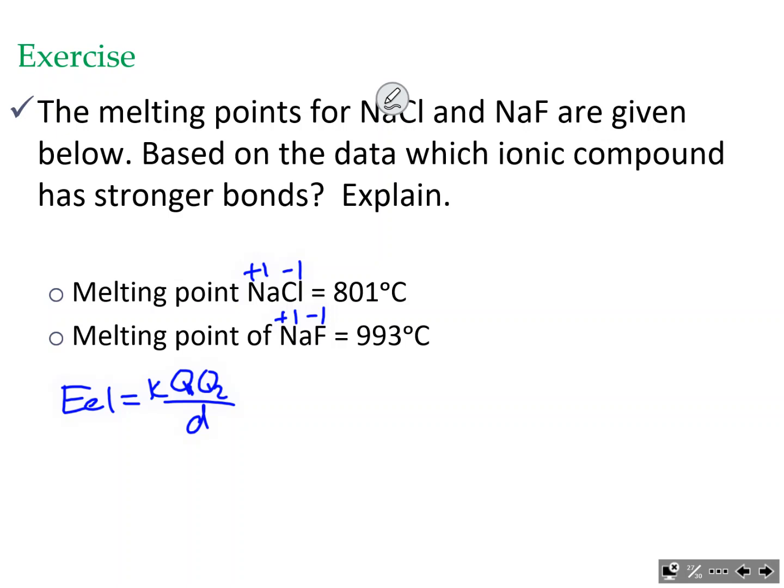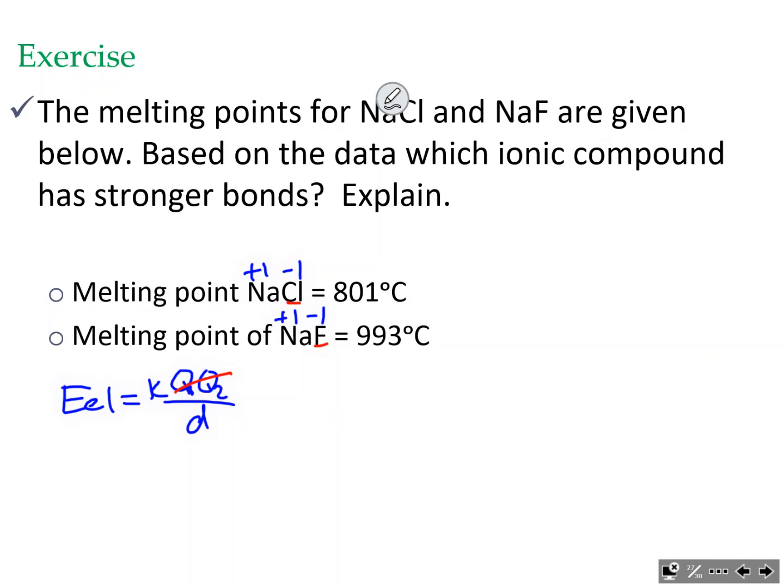Both of them have sodium in there, so that factors out. Those are going to be the same, so that doesn't matter. Now we have to look at distance. Fluorine versus chlorine, which one's smaller?